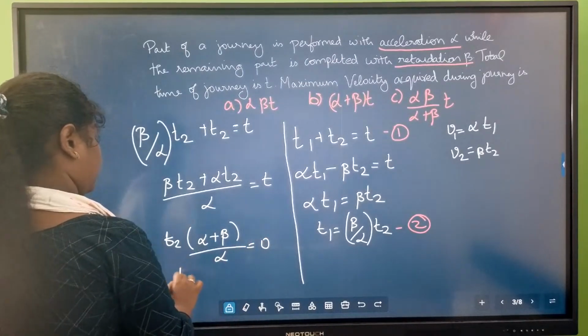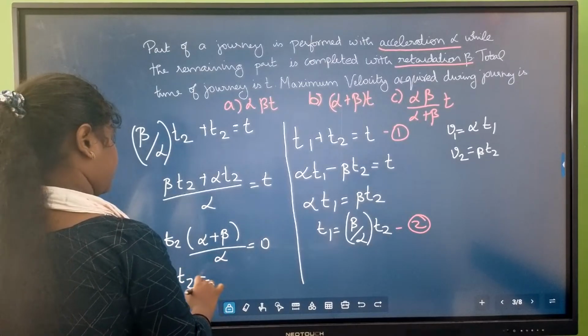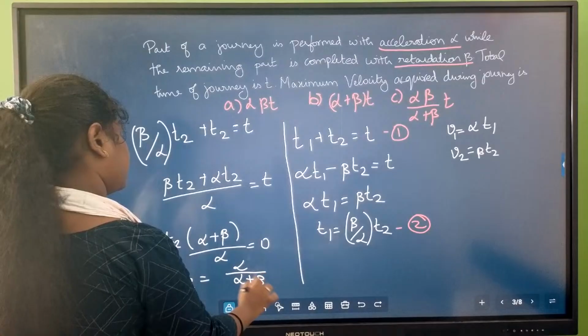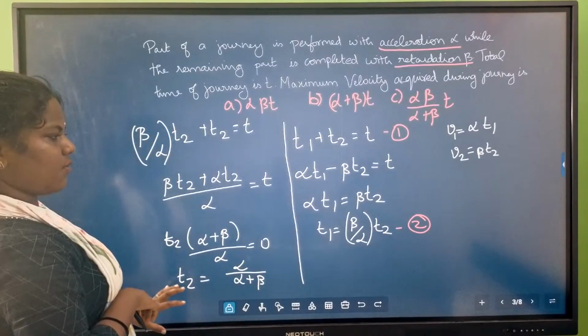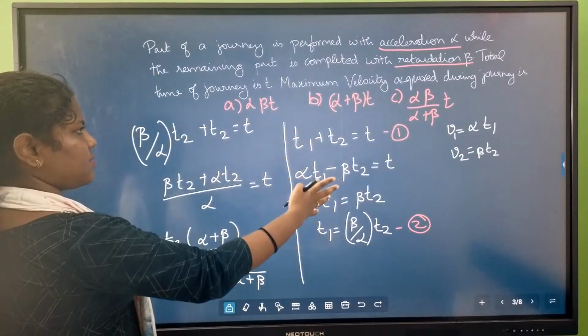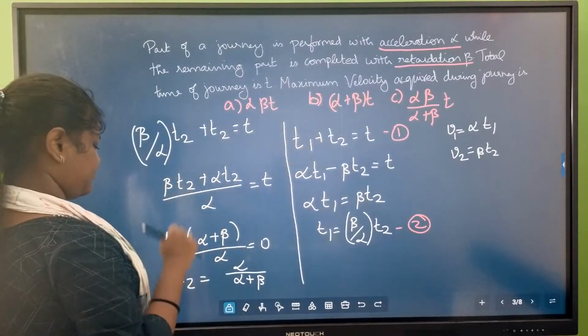If you want t2, your t2 will be alpha divided by alpha plus beta. So இதுதான் உங்களோட t2 then அது உங்களோட t1. நீங்க t1 and t2 சப்ஸ்டிட்யூட் பண்ணா you get the answer.